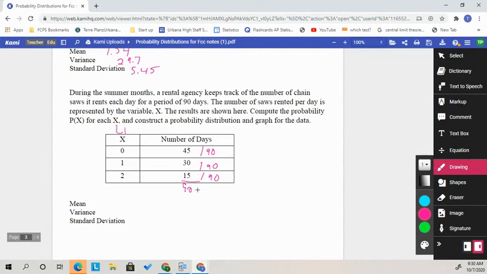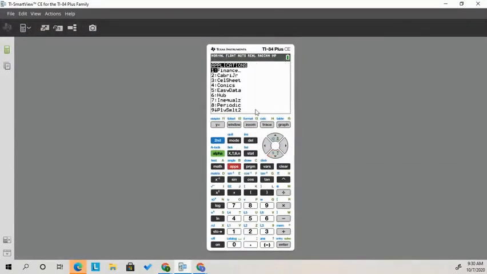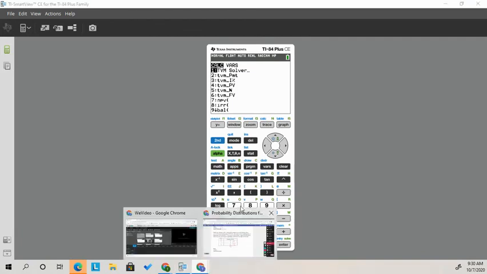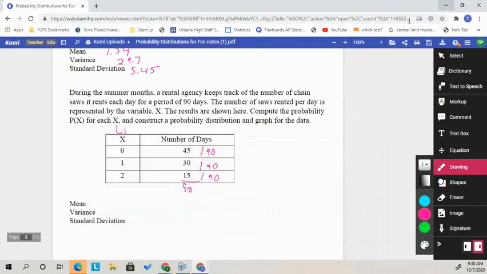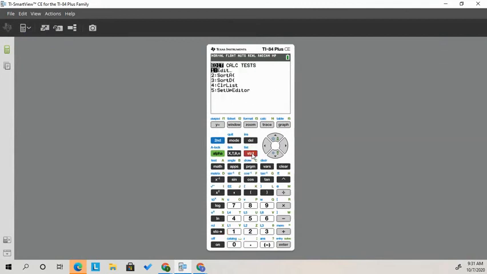So here's a little trick. Instead of typing each one divided by 90, which you can do, I'm going to put in just the numerators here, 45, 30, and 15.